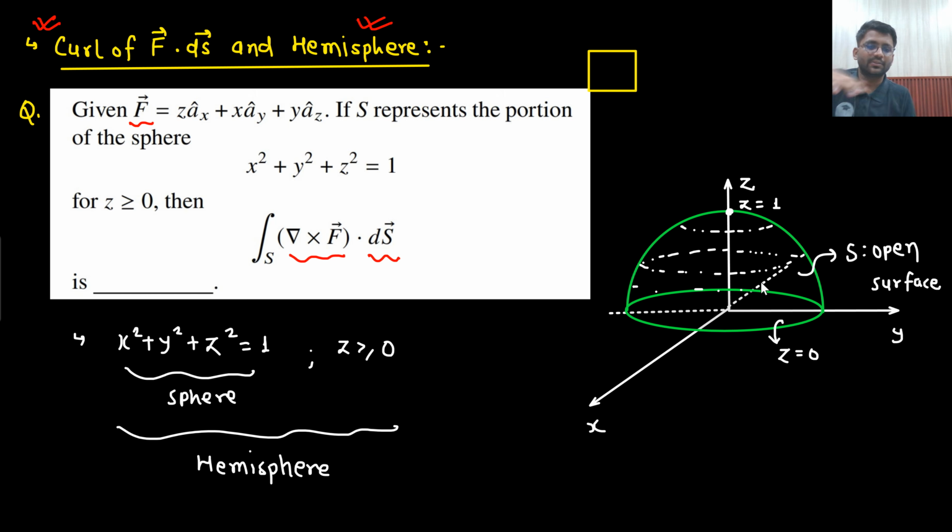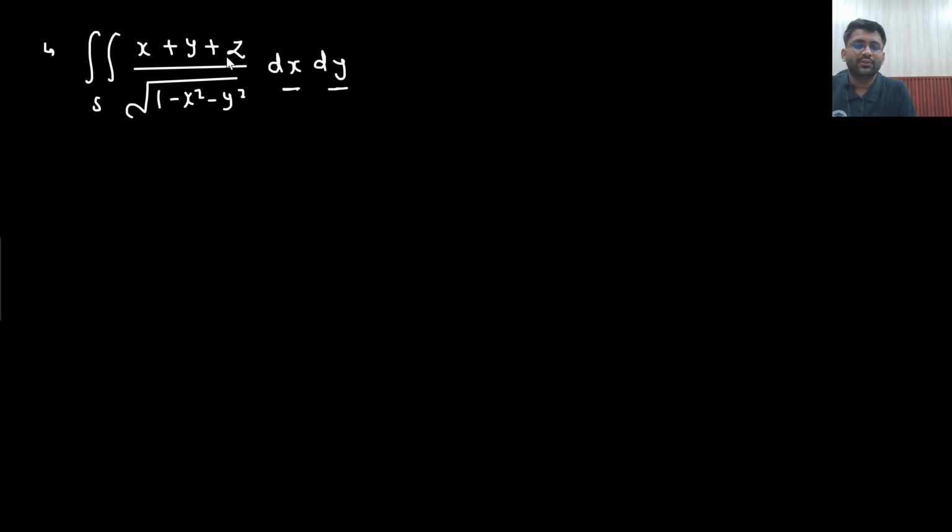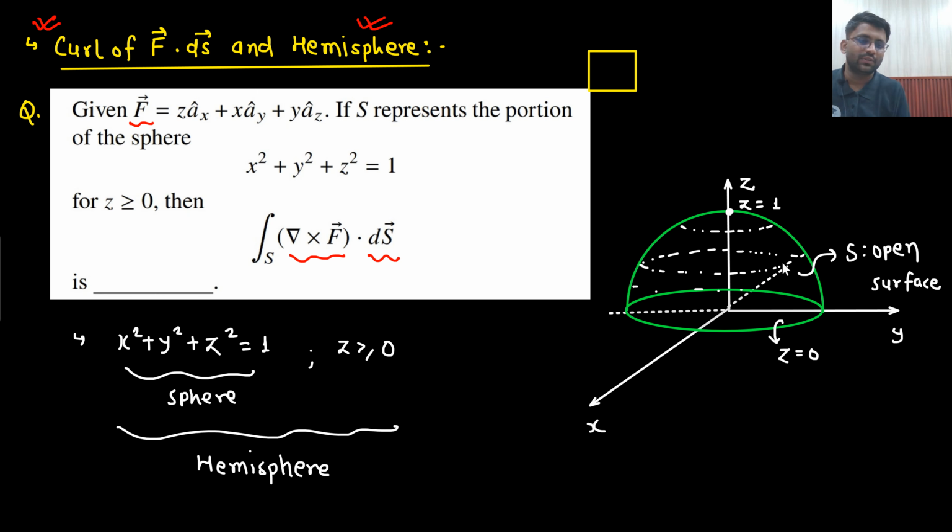Dx dy, sir. That means now I need to come to the xy plane, right? I need to take its projection on the xy plane to put the limits of x and y. So sir, can I put z equals to 0? No, this will be wrong. Why is that so? Because your calculation is going on surface S, and on the surface S, z is not 0.